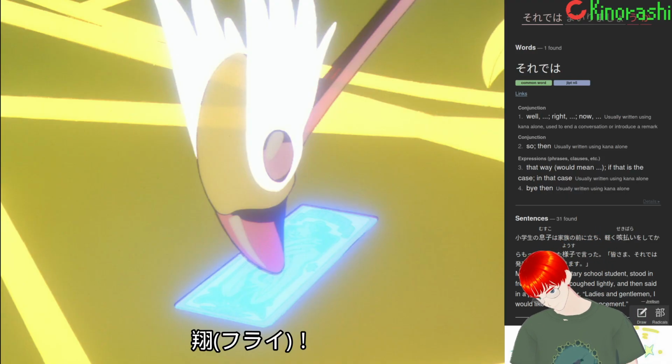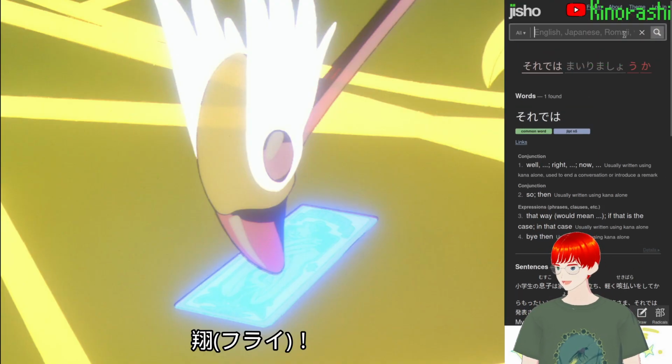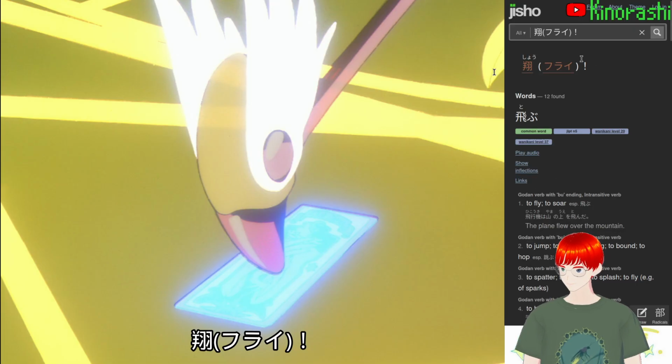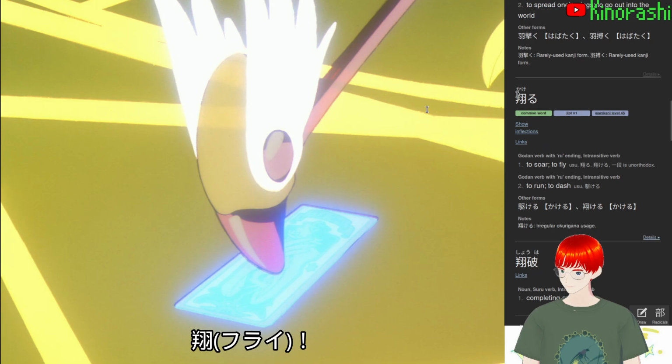And that's the kanji used for flying. Yeah, it's used in words like kakeru, to soar, to fly.